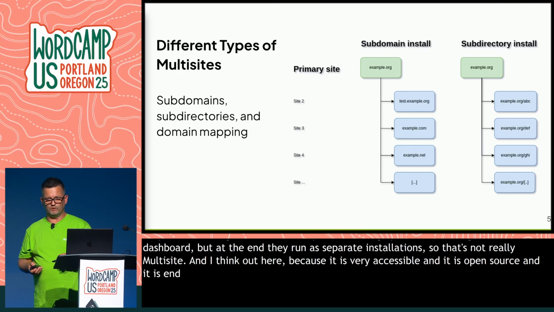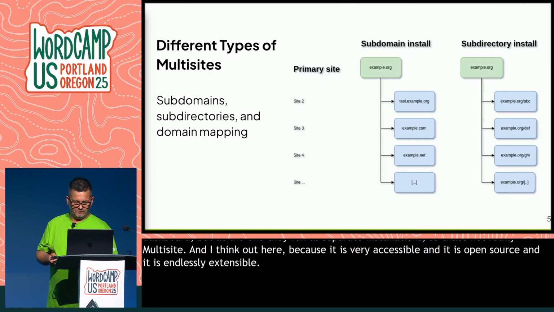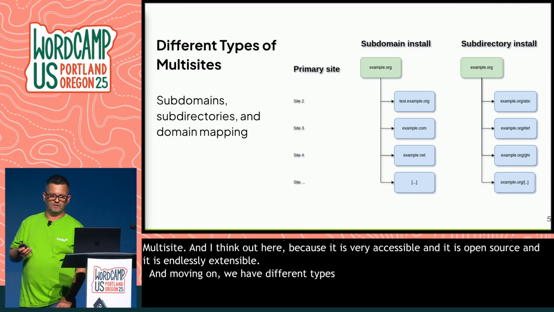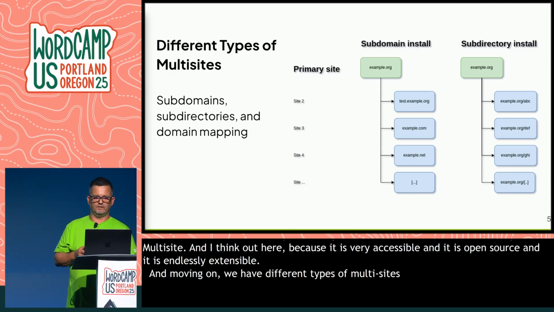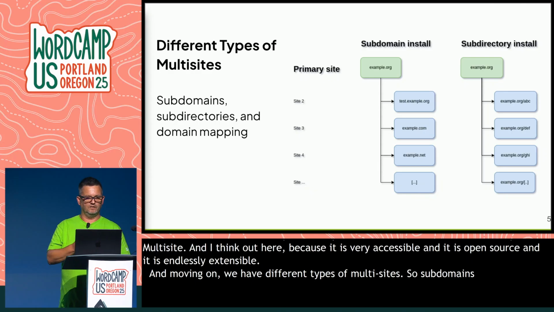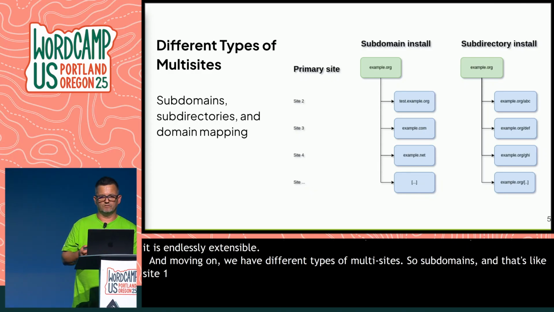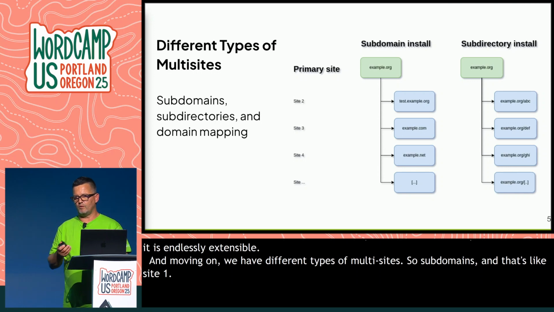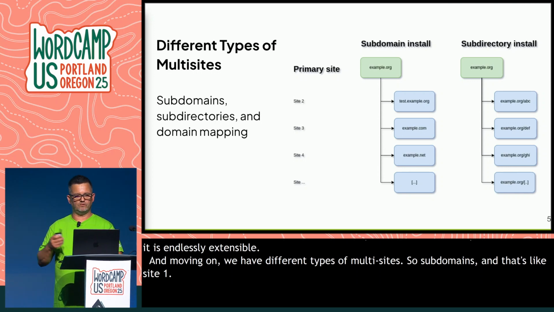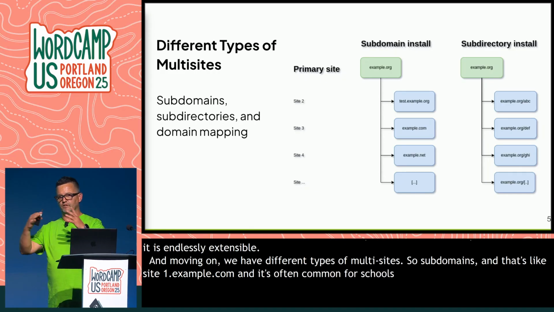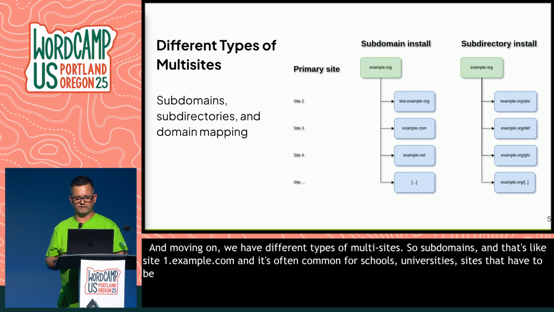And moving on, we have different types of multisites. First, subdomains, like site1.example.com. This is common for schools and universities, where sites have to be under an umbrella and stay together like that.